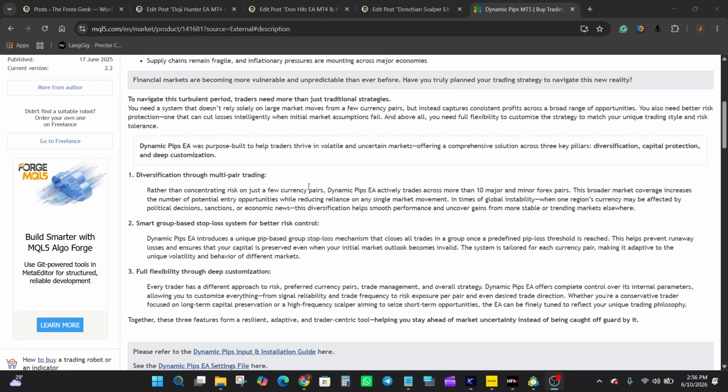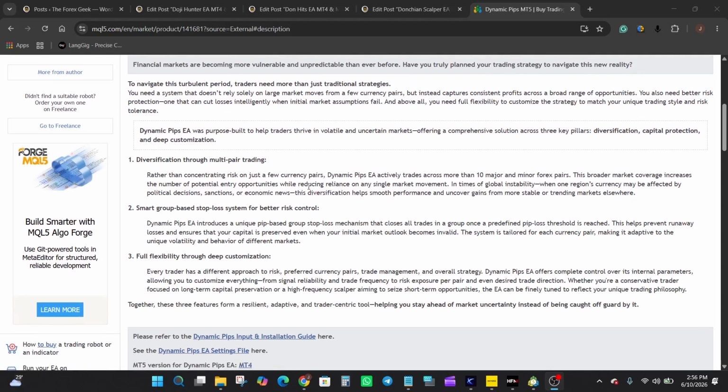So there's also a strong emphasis on customization, where the user can adjust trading frequency, signal behavior, and risk allocation across pairs. So it's not a fixed logic system, it's more configurable depending on your trading style. Okay.